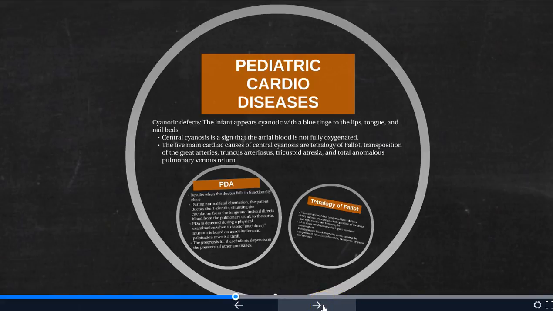The 5 main cardiac causes of central cyanosis are Tetralogy of Fallot, which we're going to talk about in just a minute, transposition of the great arteries, which means that the pulmonary artery and the aorta are backwards, truncus arteriosus, tricuspid atresia, and total anomalous pulmonary venous return. You need to make sure you read about those in your textbook, and you'll find more information there on those other conditions.